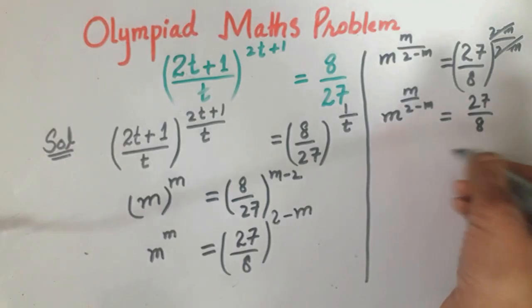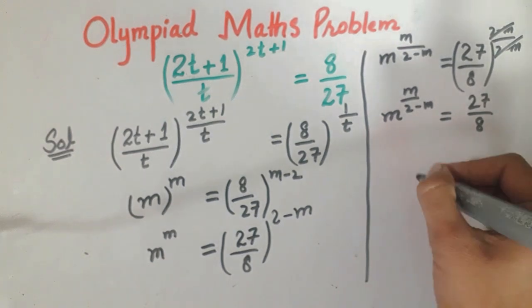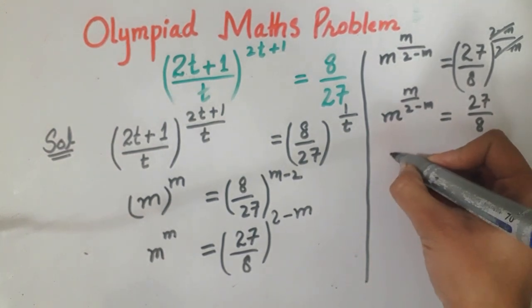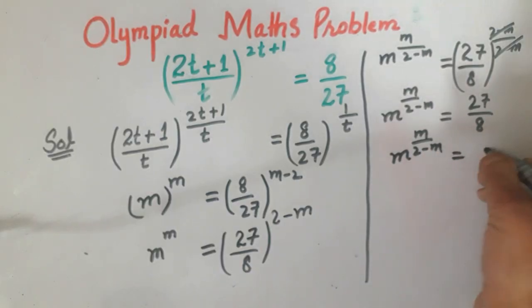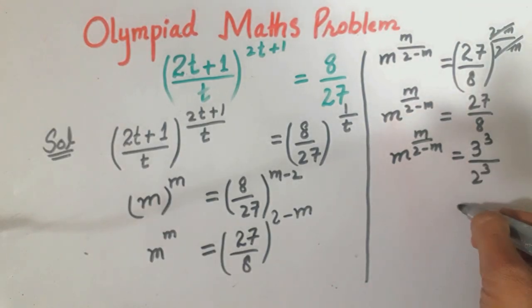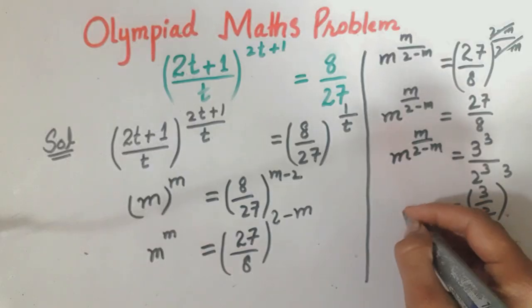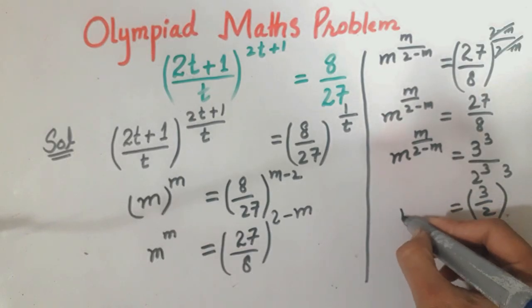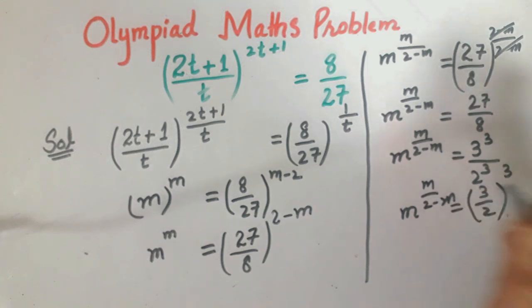Now 27 is the cube of 3 and 8 is the cube of 2. So we have m to the power m/(2 - m) equals 3 cubed over 2 cubed. Then we have (3/2) and the whole power is 3. Here we have m to the power m/(2 - m).